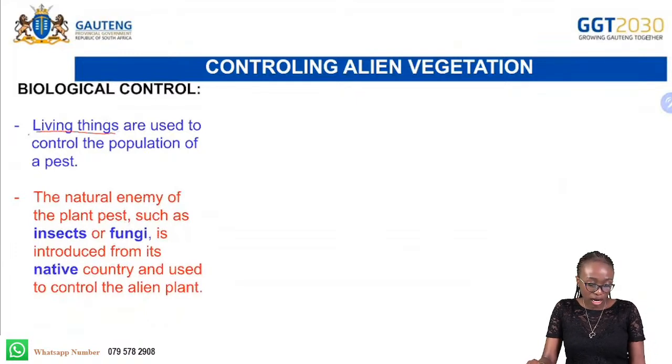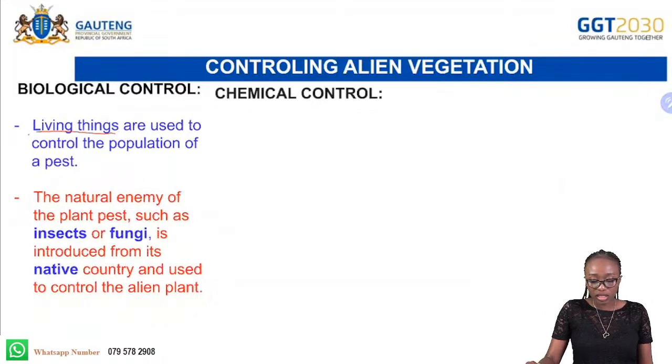So a natural enemy of the plant pest, such as insects or fungi, is introduced from its native country and used to control the alien plant. So they'll go to the native country of the alien plant, get a pest that feeds on that particular plant, and bring it over so that it can control the population of the alien plant.